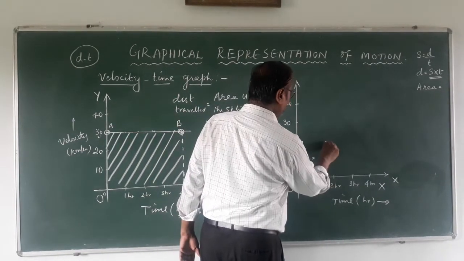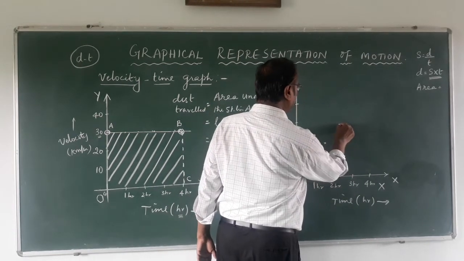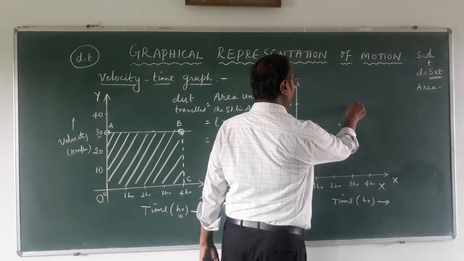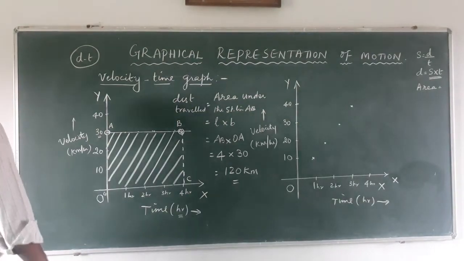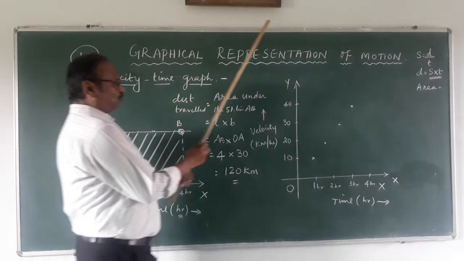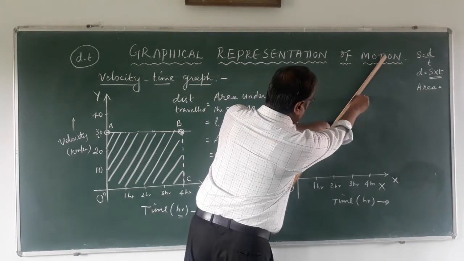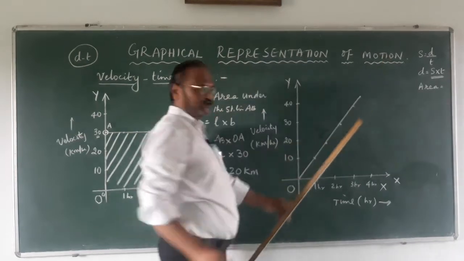At 2 hour, it becomes 20 kilometer per hour. At 3 hour, it becomes 30 kilometer per hour. At 4 hour, it becomes 40 kilometer per hour. So, I got points in this. Let me use the ruler or the scale and join all these points together. Fine. So, let me join it and connect it to the origin.